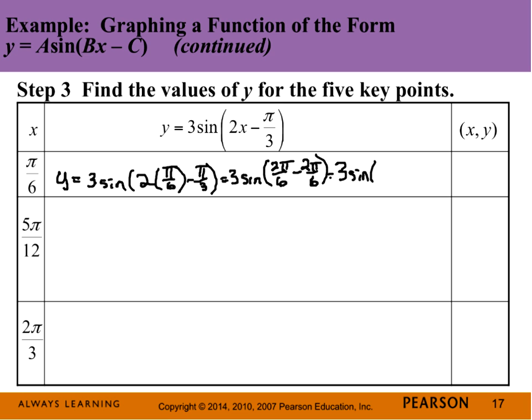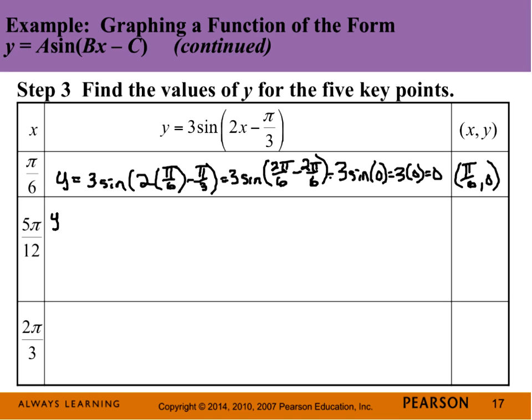So I have 3 times the sine of 0. The sine of 0 is 0, so that's 3 times 0, which is 0. So I have the point pi over 6, 0. I didn't skip too much work in there for y'all, did I? Y'all good? Good and good. Great.